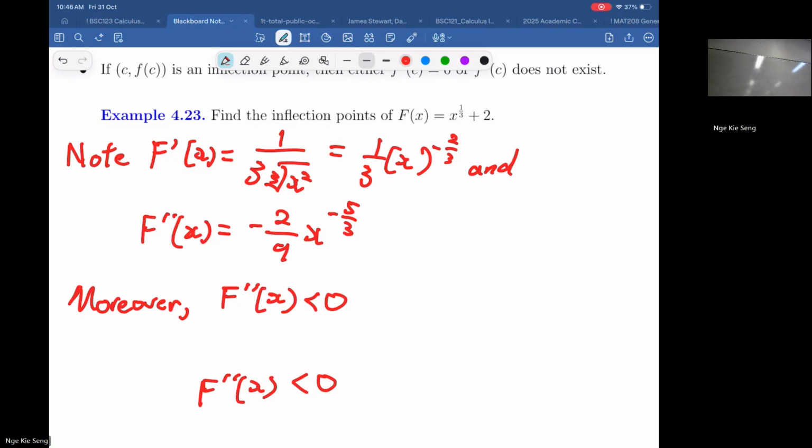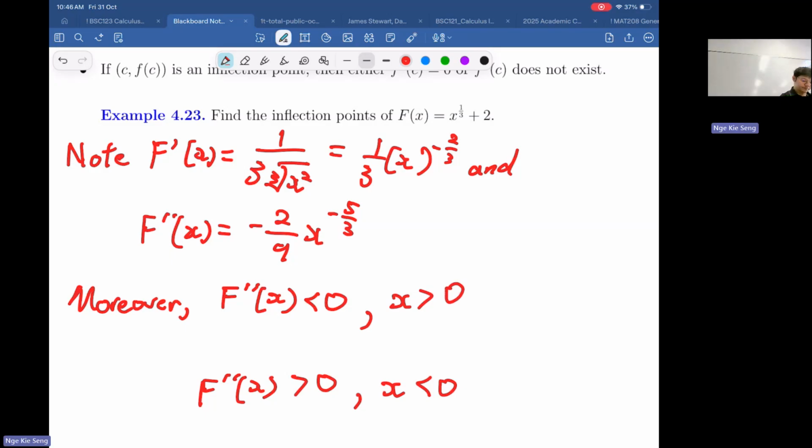So when x is less than 0, then your f double prime of x should be positive. And if x is greater than 0, then your f double prime of x is negative.